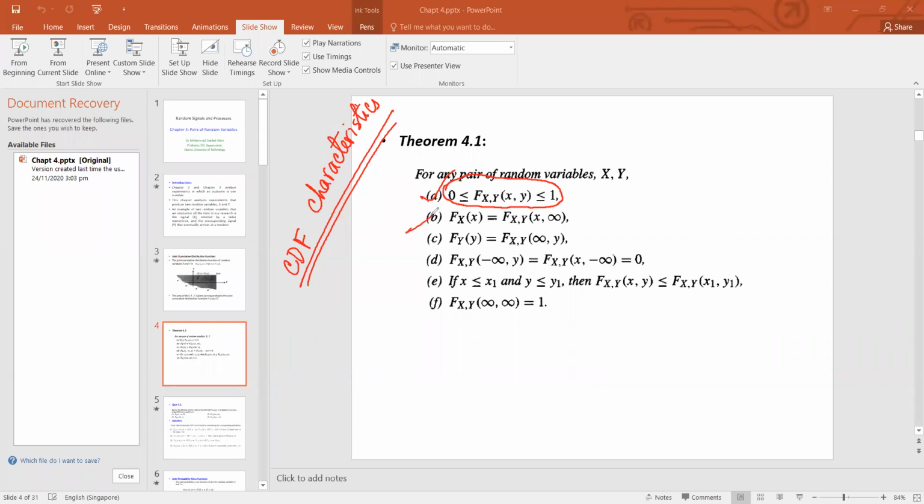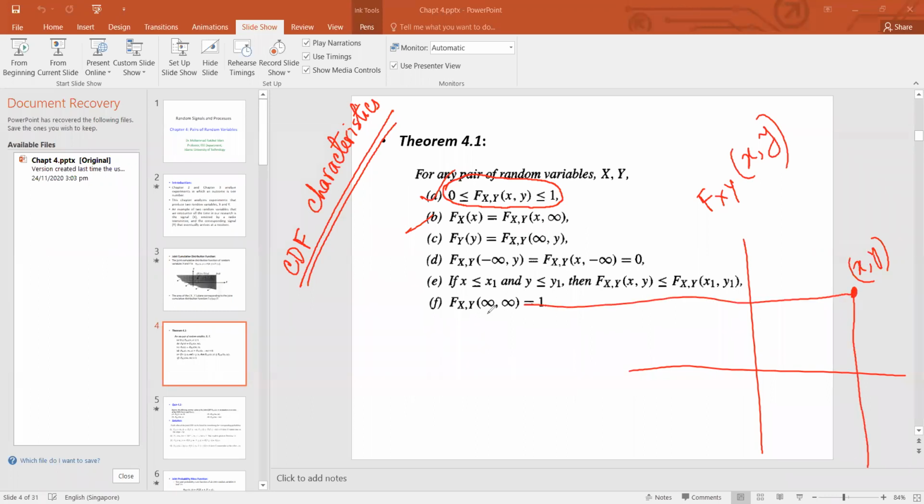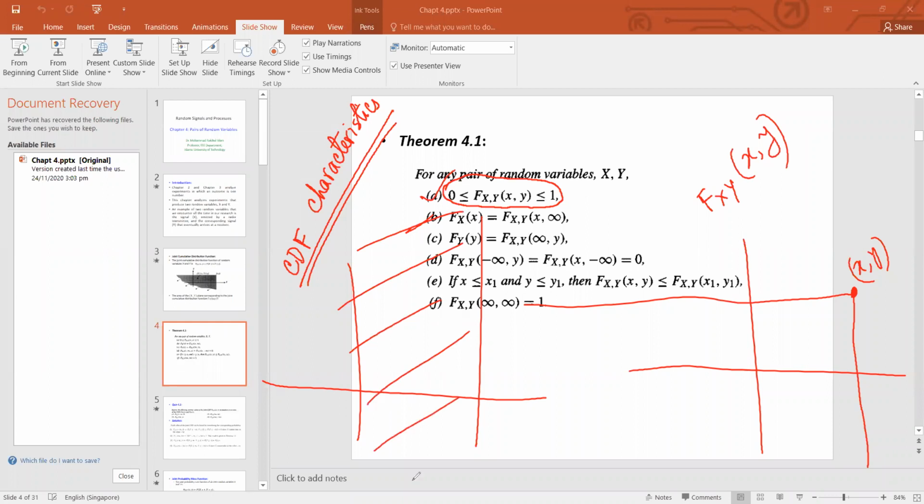Number two, look at one thing: F_XY(x,y), the CDF of X and Y. In this joint CDF, I'm talking about the point (x,y). But in the previous case, when it was x only, that was F_X(x), isn't it? The value of y is infinity and x is the only variation.